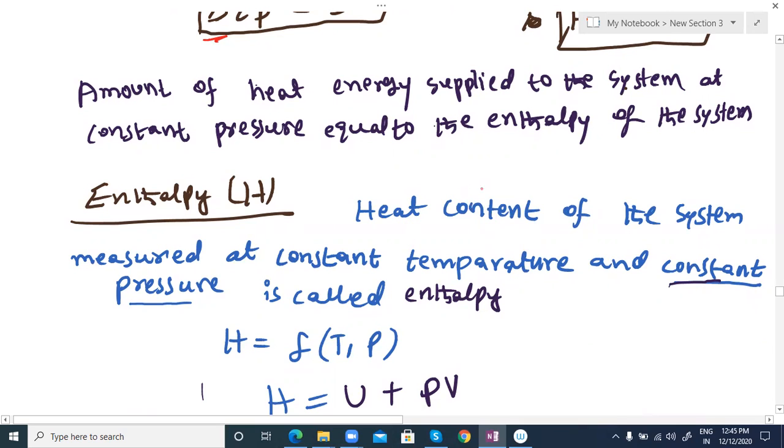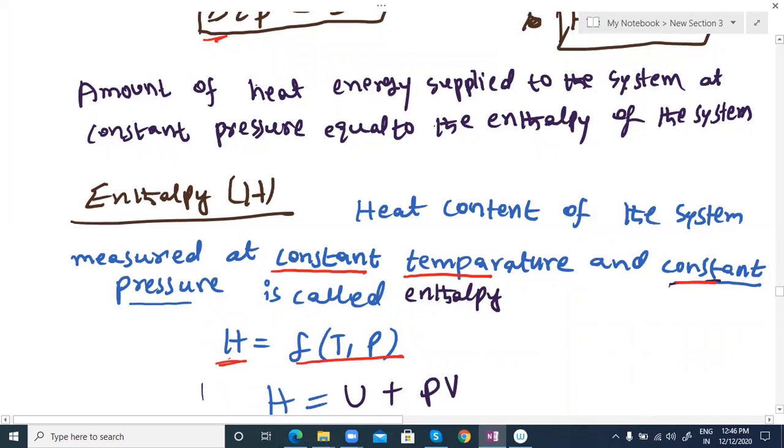If I am measuring that energy at a constant temperature and pressure, we call that enthalpy. The enthalpy is also one of the energies of the system, but we are measuring it at constant temperature and pressure.